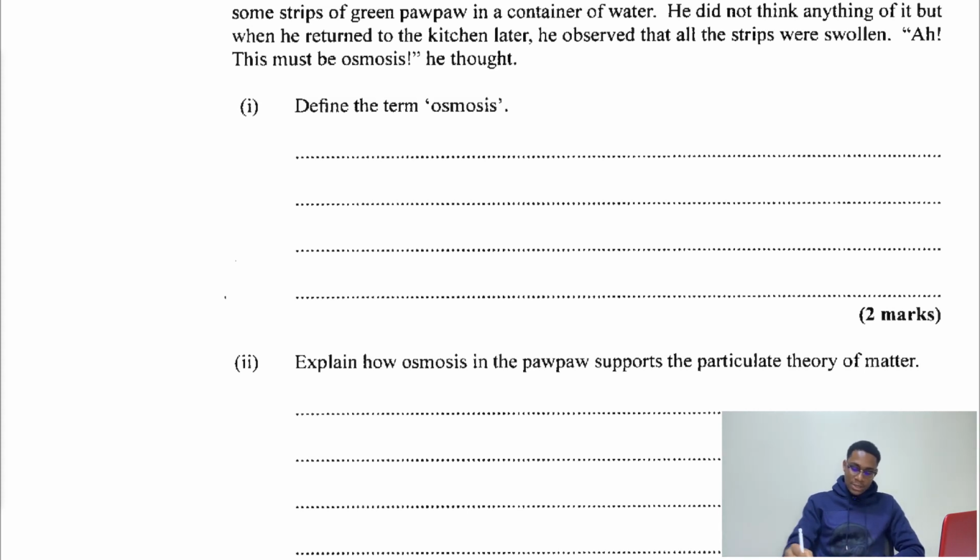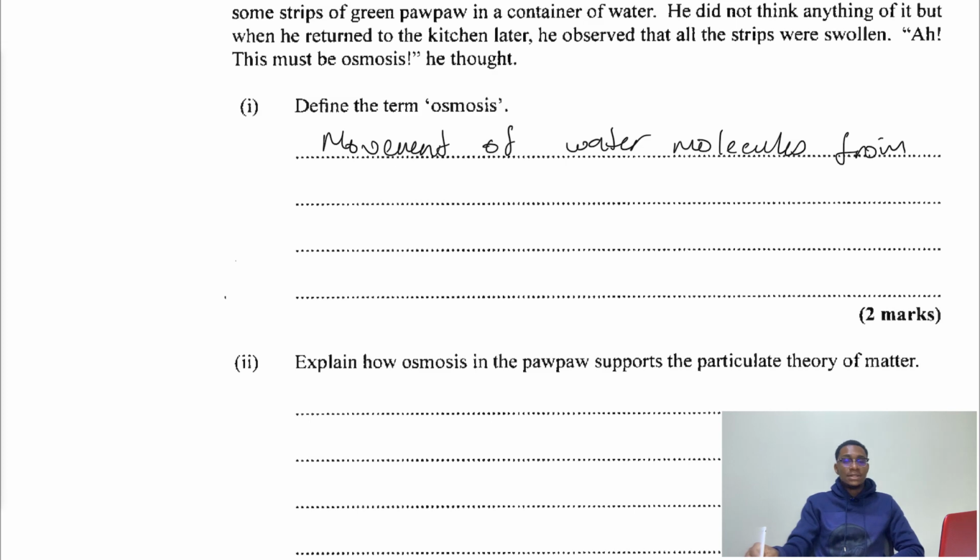Simply put, osmosis is the movement of water molecules from an area of high concentration to an area of low concentration through a selectively permeable membrane until it is evenly distributed.